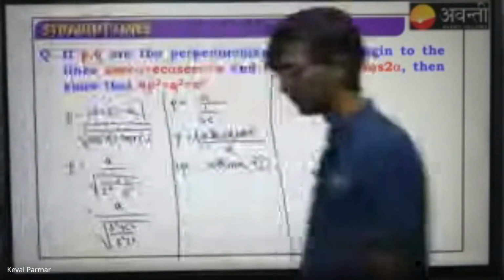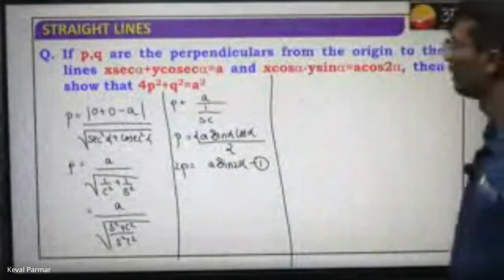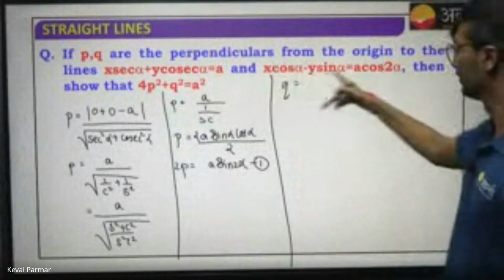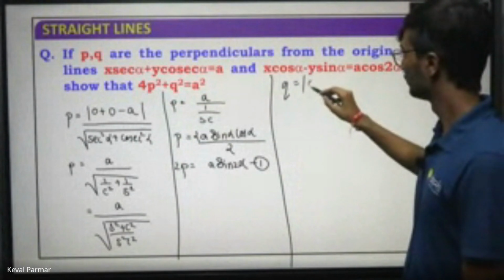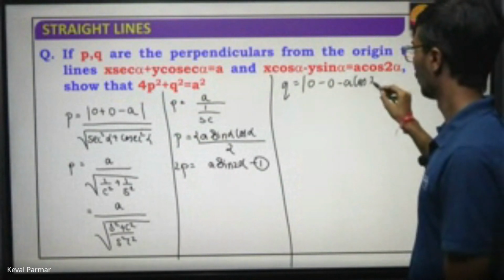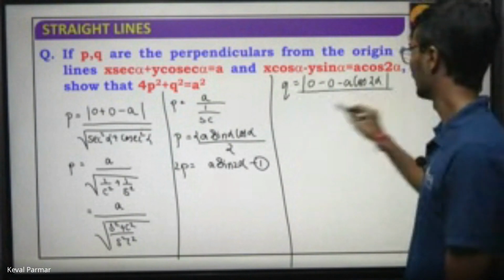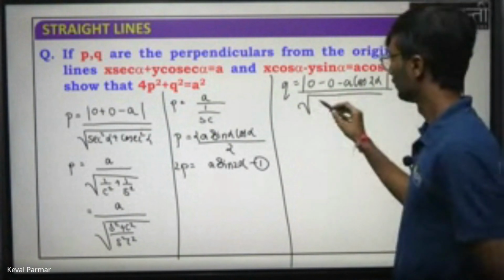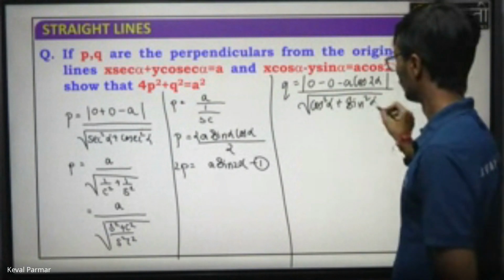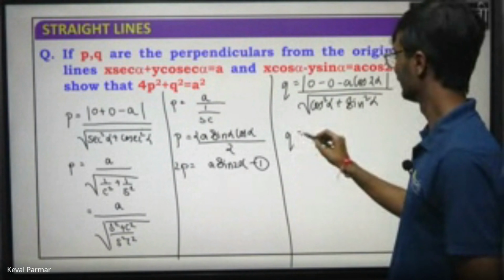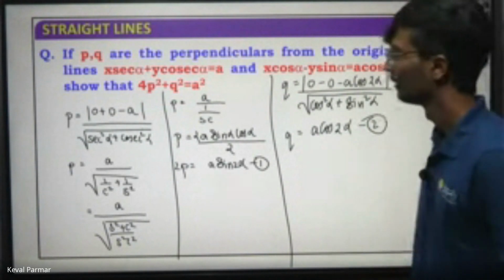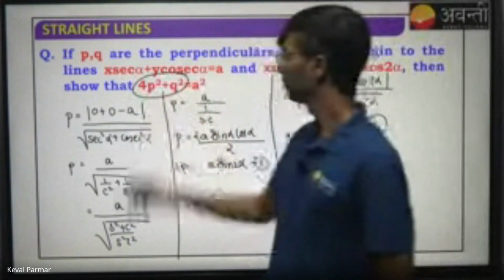Now, if I want to find equation number 2, that means q is equals to, now we have this equation. So I'll get the same 0, substitute origin, minus 0 minus a cos 2 alpha upon under root of coefficients, which is cos square alpha plus sine square alpha. So this is 1. So I'll get q is equals to a cos 2 alpha, equation number 2. Now we want 4p square plus q square.